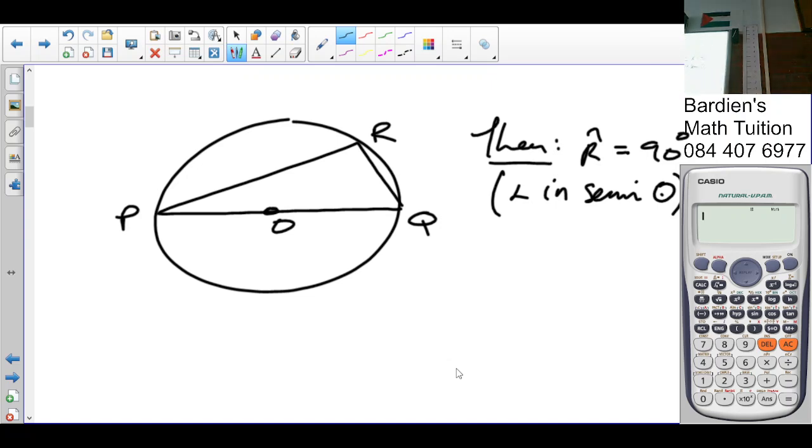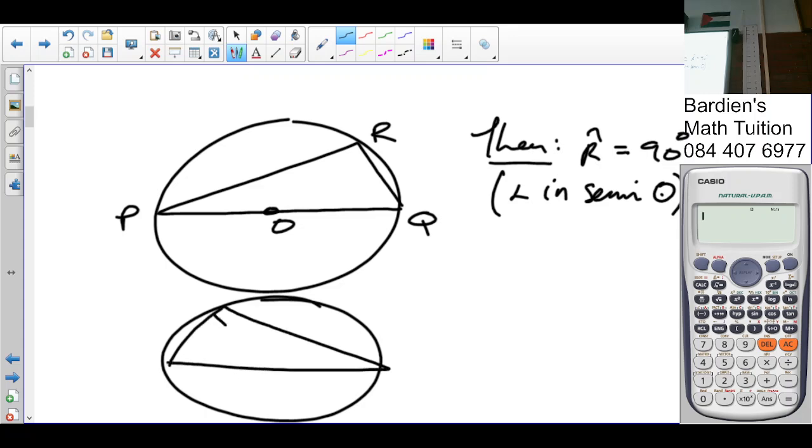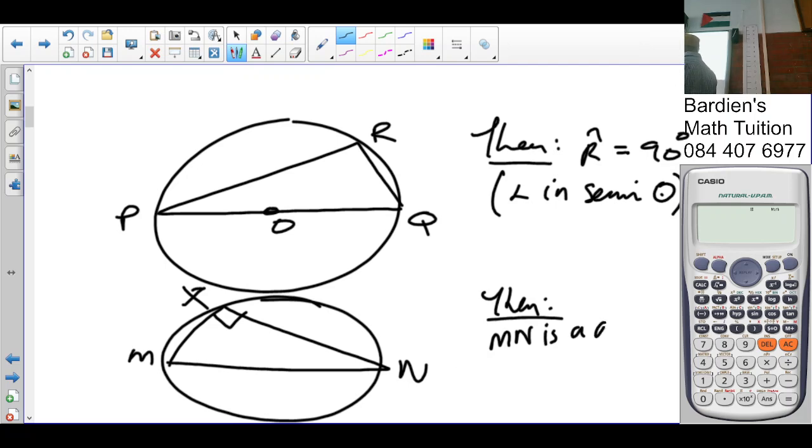And then the converse to the theorem is, if we have a circle and we have 90 degrees there, at M, N, X, what can we conclude? Then we can say that MN is a diameter.